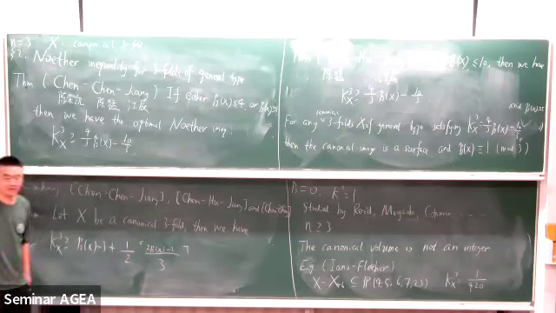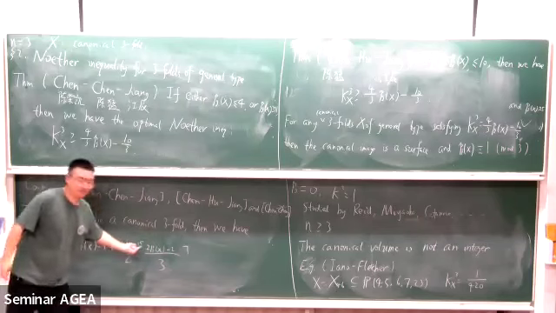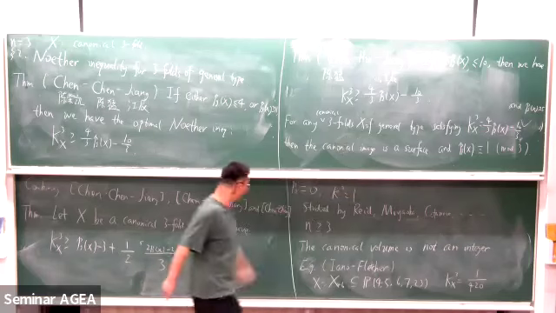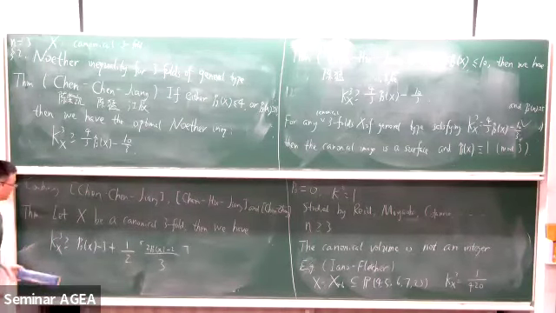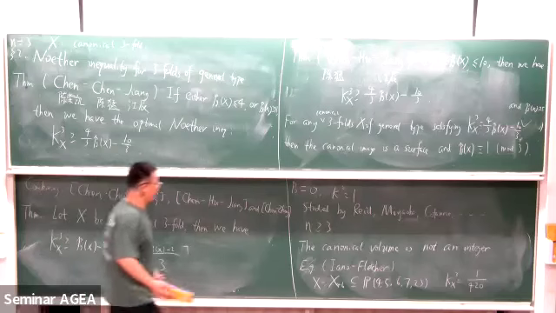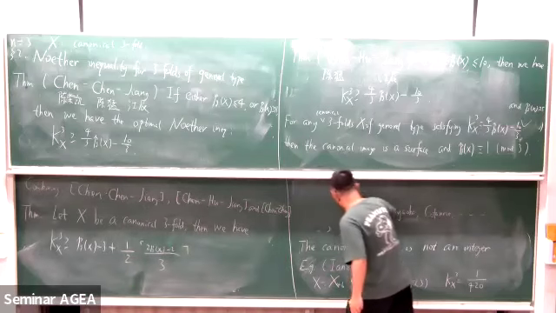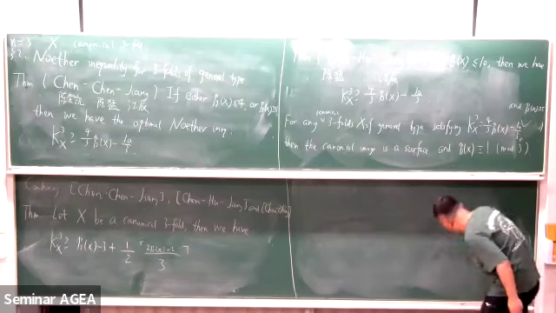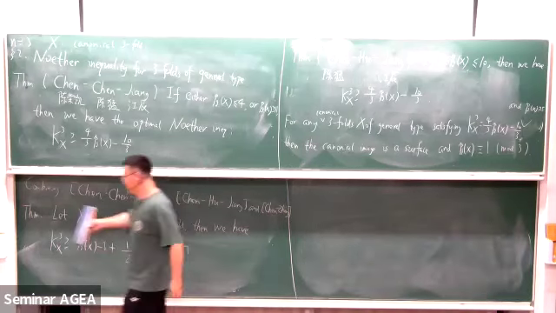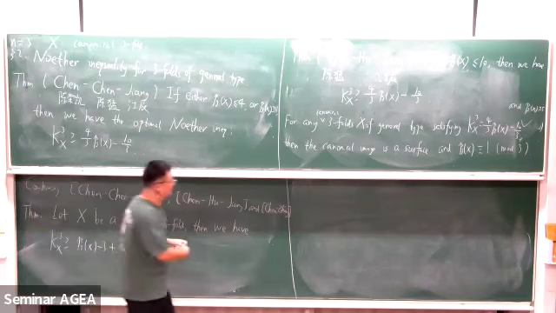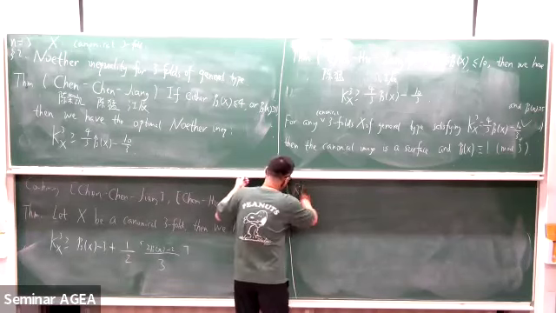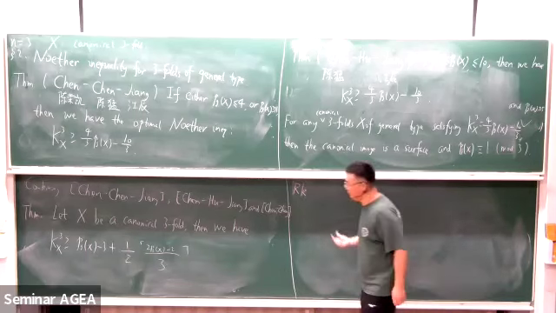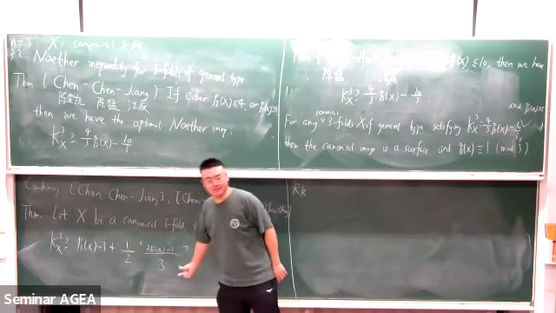If you remove the round up, this is just this inequality. And in fact, this inequality is optimal for every Pg larger than or equal to 3.